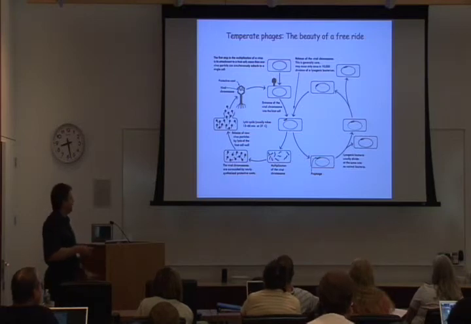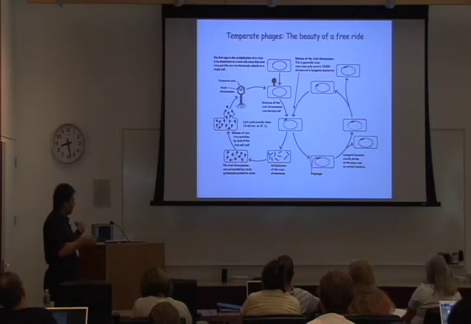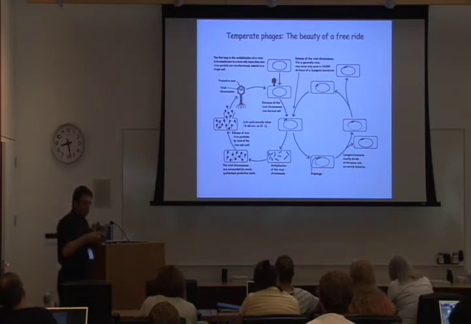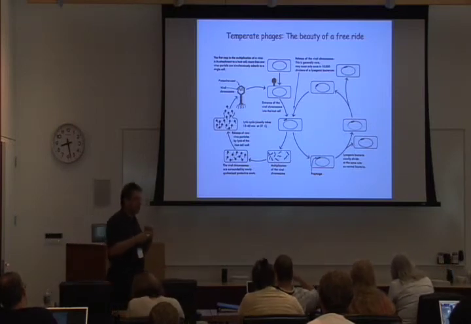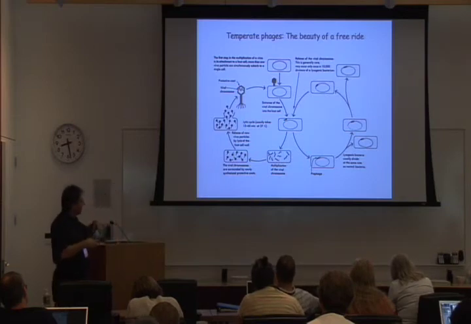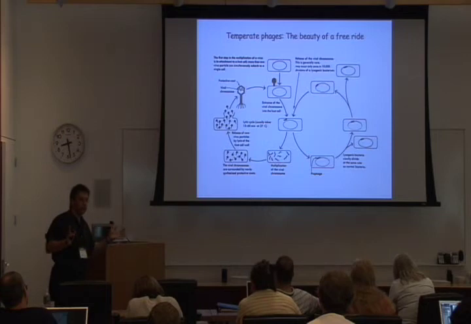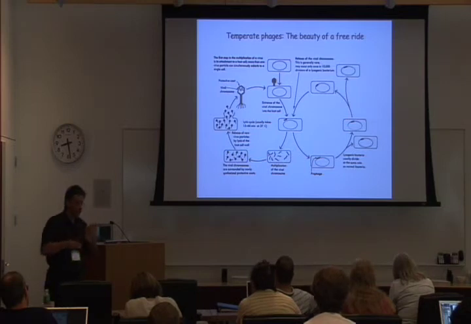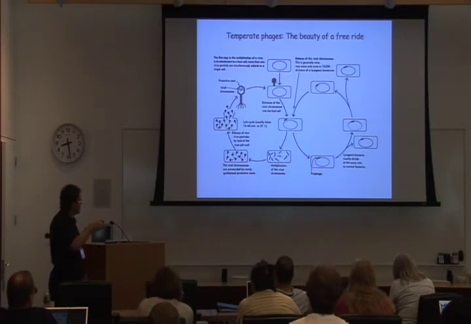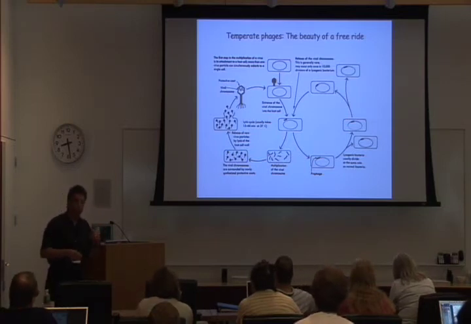And that prophage is often, but not always, integrated, so it becomes part of the bacterial chromosome, and the DNA replicates just as though they were genes on the bacterial chromosome using the host machinery, and all of the viral genes that are needed to do this lytic process are switched off.